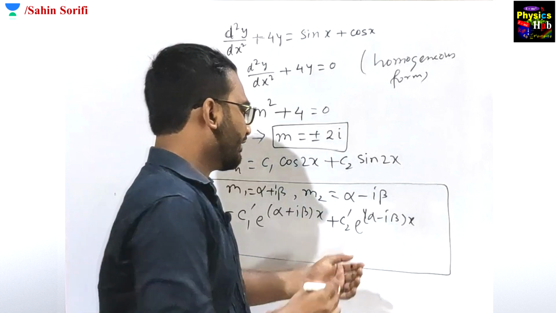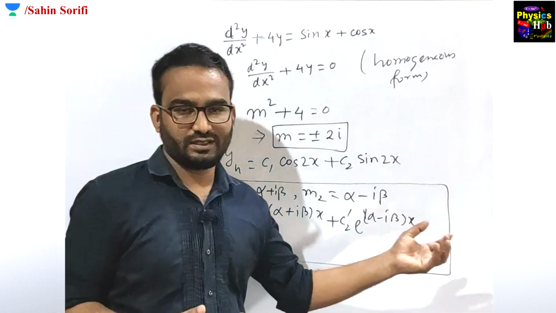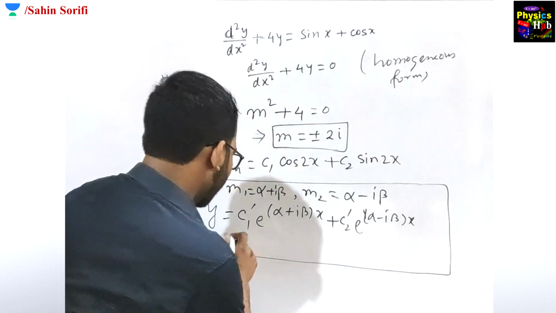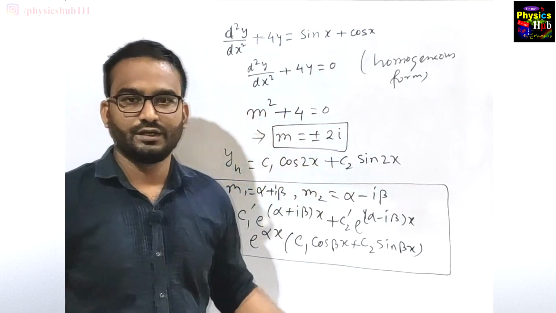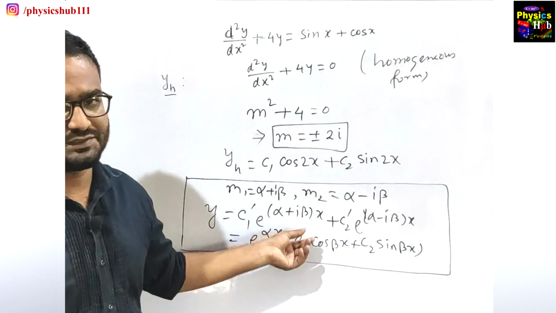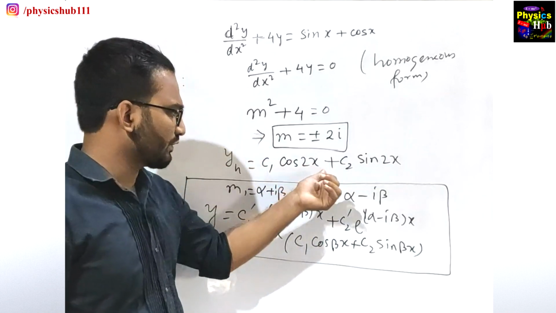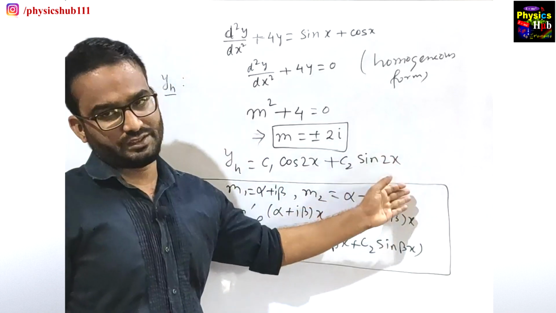If you simplify it in terms of cos beta x and sin beta x, you will get it like this. Here alpha is 0, so e to the power 0 into x is 1, and that is why the solution is written as c1 cos 2x plus c2 sin 2x.